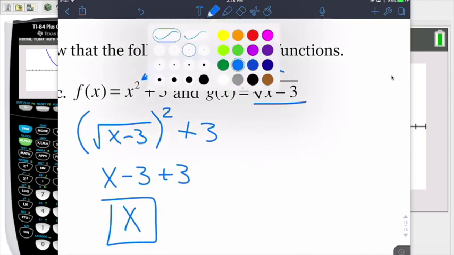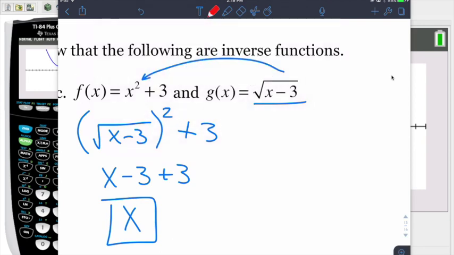I think because we have just the regular positive square root right there, that might mess things up here. Let's see what happens. So anyways, let's go do x squared plus 3 back into this thing. What do we got here?